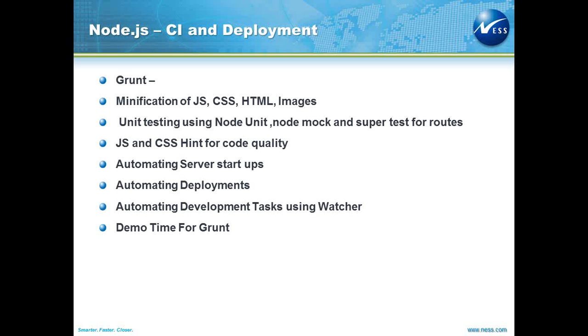It lets you minify and uglify JavaScript, CSS, and HTML, and do unit testing using Node Unit, Node Mock, as well as Supertest. If you have multiple routes in your application, you can test the routes using Supertest. You've got linting ability, right? So you can automate the whole flow.